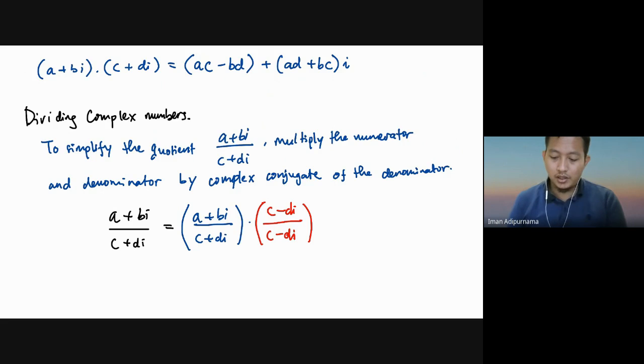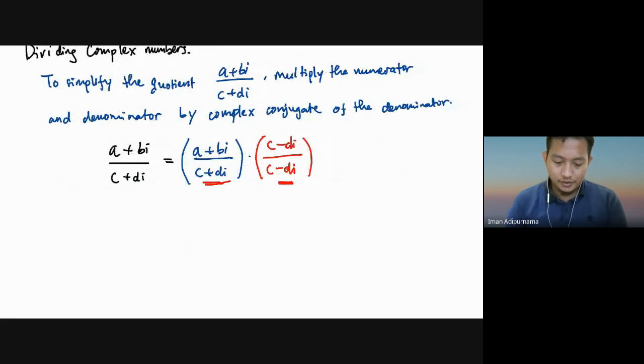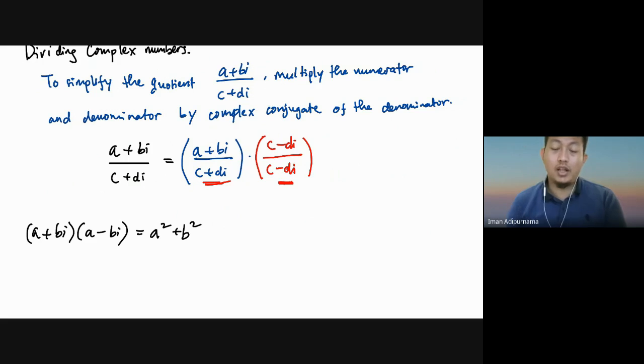Because we want to remove the imaginary part from the denominator. If you have a plus bi and you multiply with a minus bi, it will be a squared plus b squared without any imaginary part.